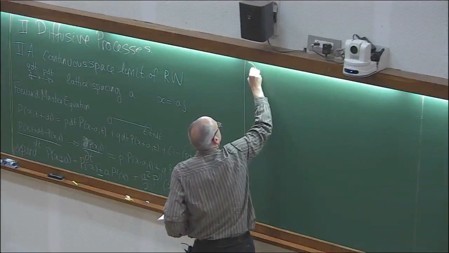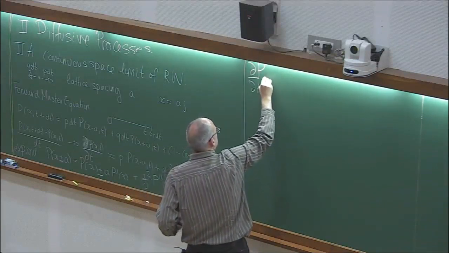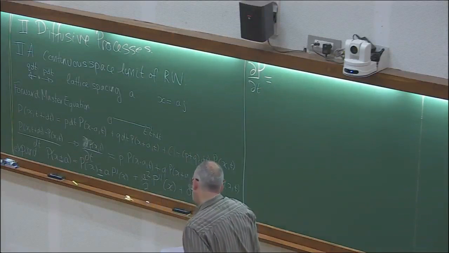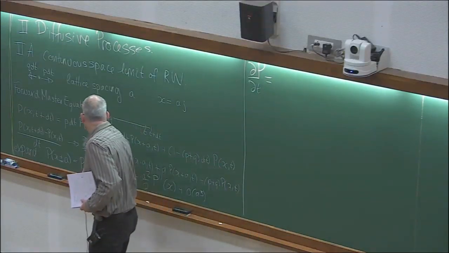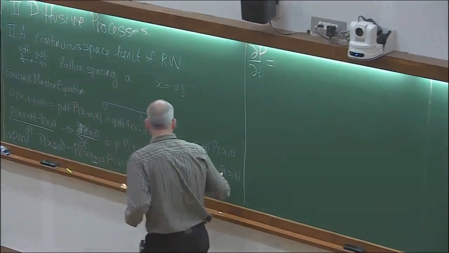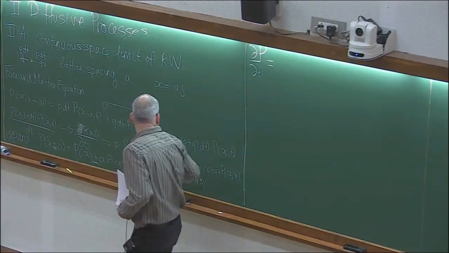So what I'll get is dp by dt. These terms with no A cancel with this one here. So I'm going to have a P plus a Q, and that will cancel.